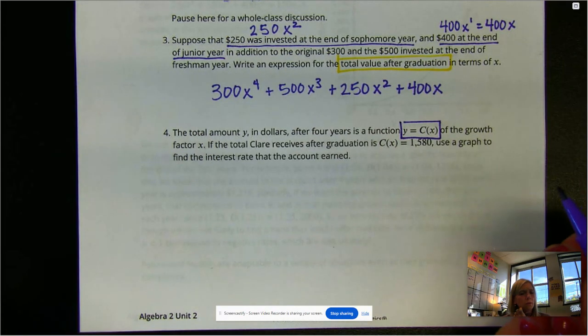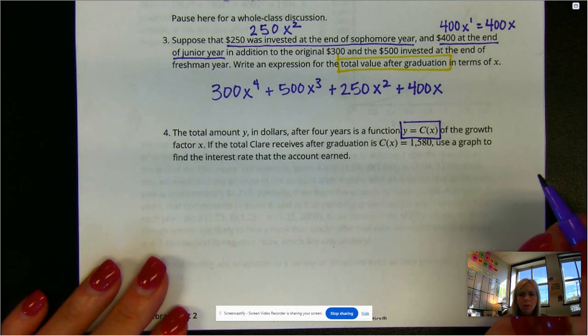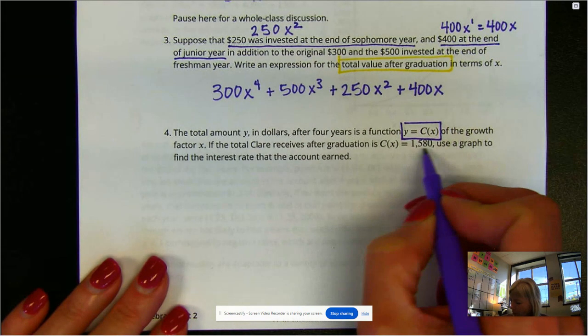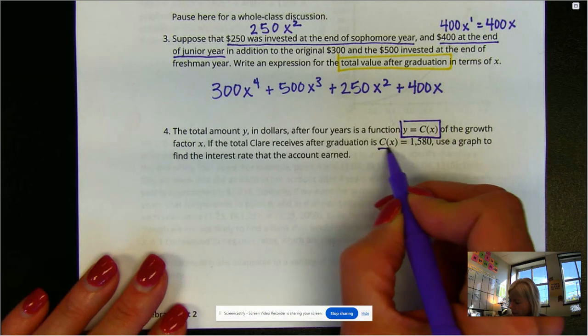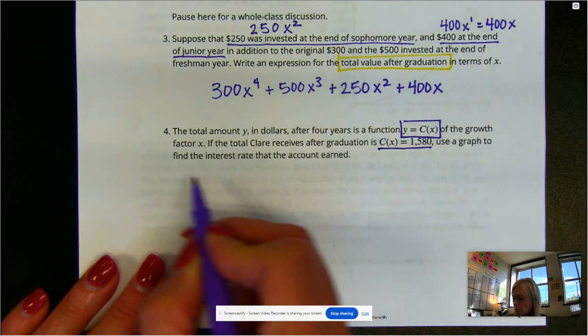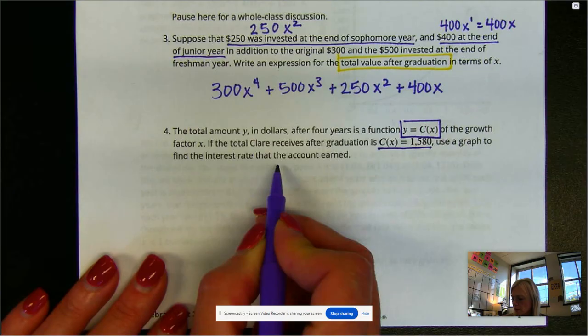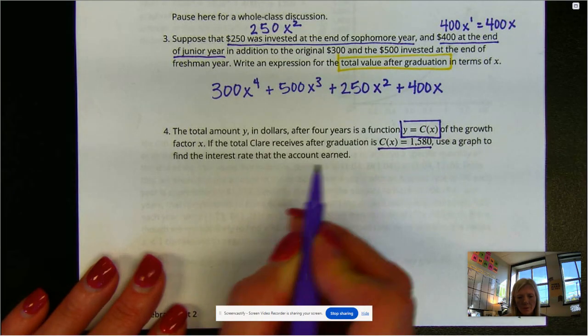If the total Claire receives after graduation is 1,580, use a graph to find the interest rate the account earned.